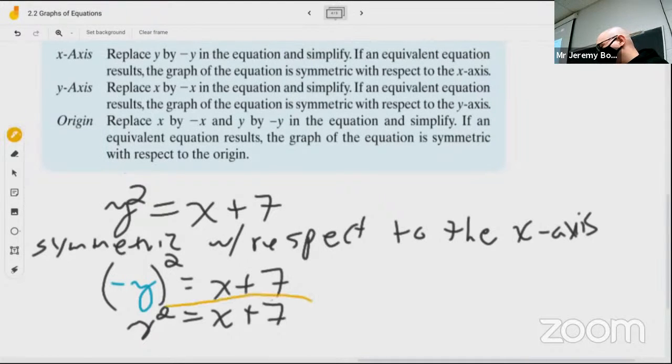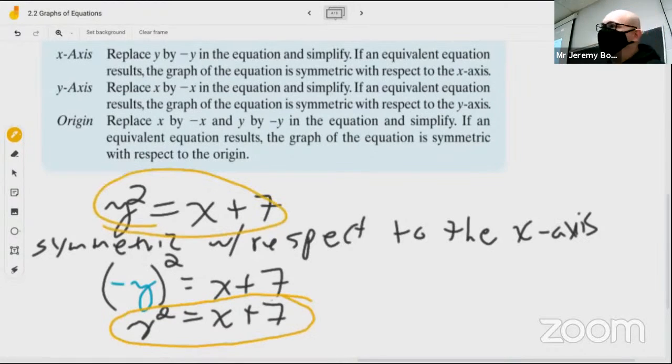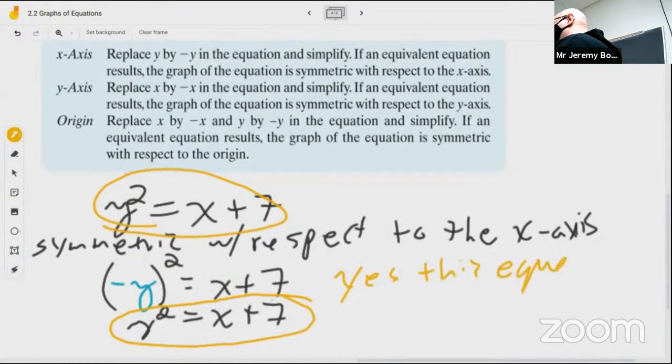So what I end up with is an equivalent equation to what I started with. So that means, yes, this equation is symmetric with respect to the x-axis.